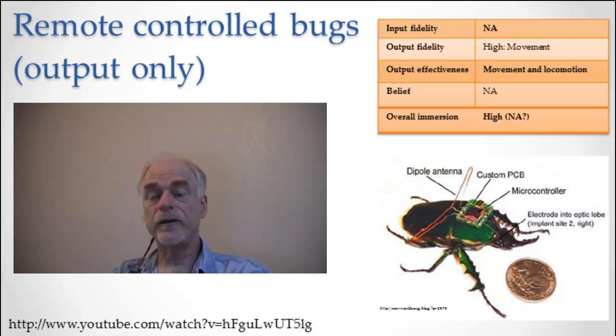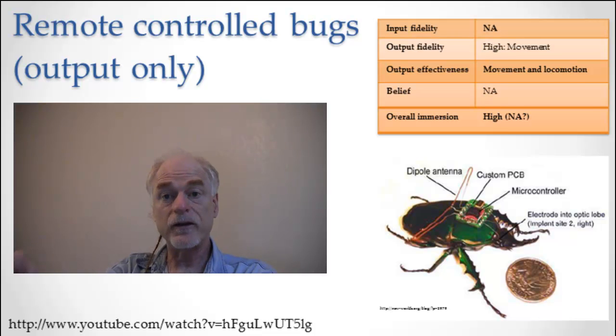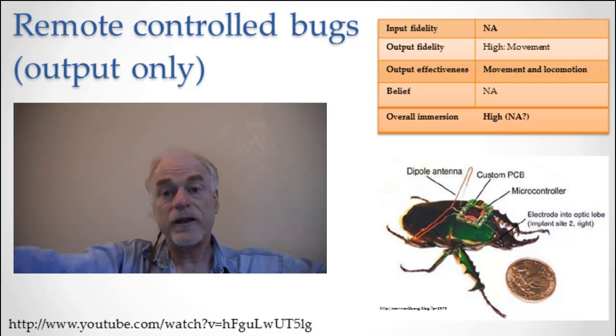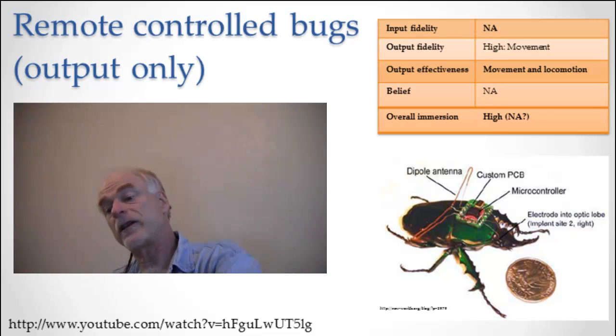Okay, we did some input onlys. Let's do some output onlys. The video doesn't really do justice to how amazing what they were able to do is. They can actually remote control this bug's muscle movements, to get them to fly left, to get them to fly right. They ping the right neurons to make muscle A go, ping the right neurons to make muscle B go. Muscle A goes and the thing flies one direction, muscle B goes and it flies another direction.